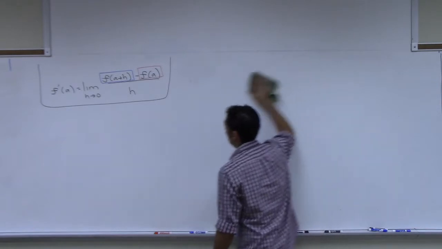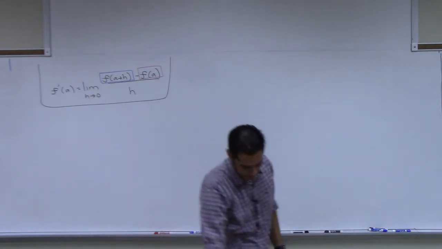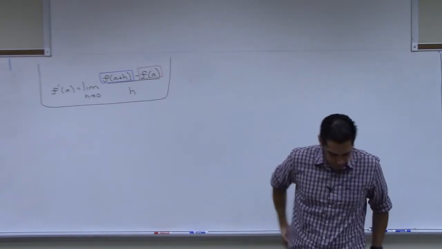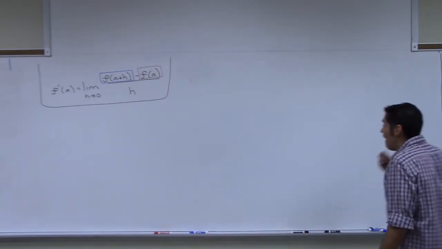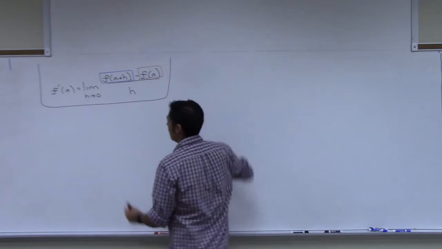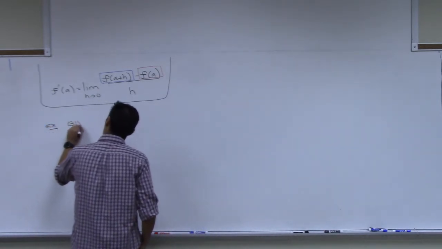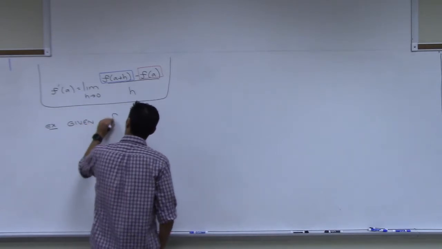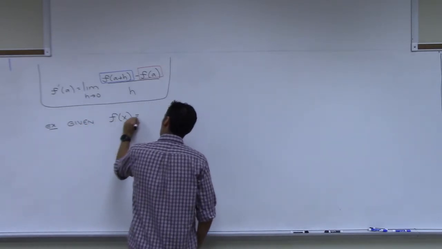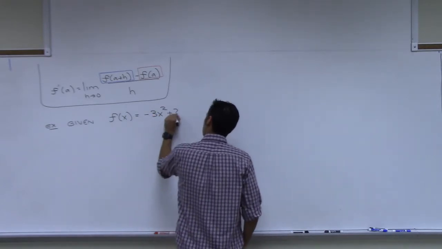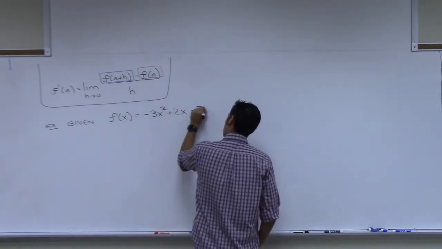I think it's worth another example. I'll leave that up there. All right, here we go. Example, you're given a new function, f of x equals -3x squared plus 2x minus 7.